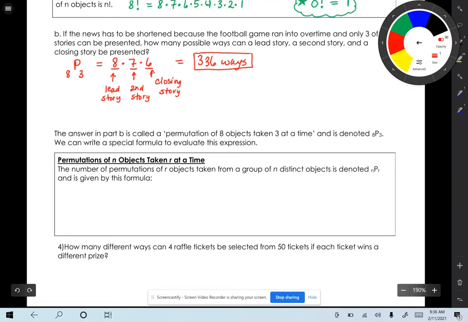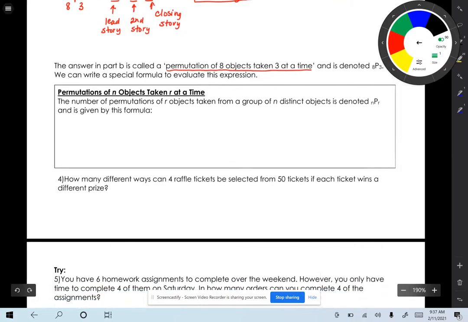The answer in part B is called a permutation of 8 objects taken 3 at a time and is denoted by 8 with that P, then 3. We can write a special formula to evaluate this expression. And here is the special formula. So you have N, then P, then R. And so N represents the number of objects.